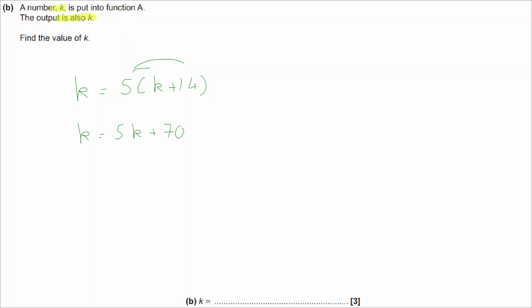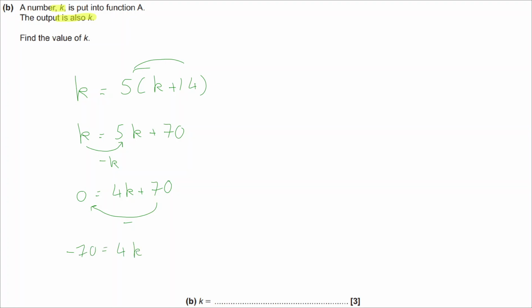Let's get this k onto this side by taking away k. So then you're going to be left with 0 is equal to 4k plus 70. Let's get the 70 over here by taking away 70 from both sides. So minus 70 is equal to 4k.